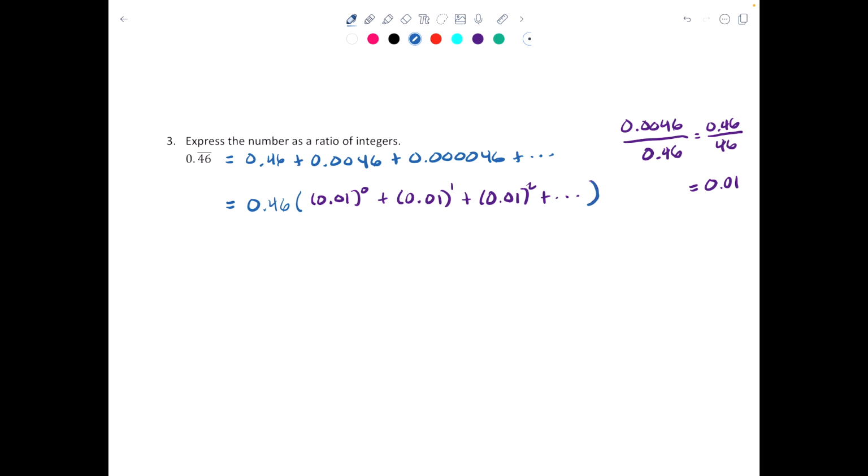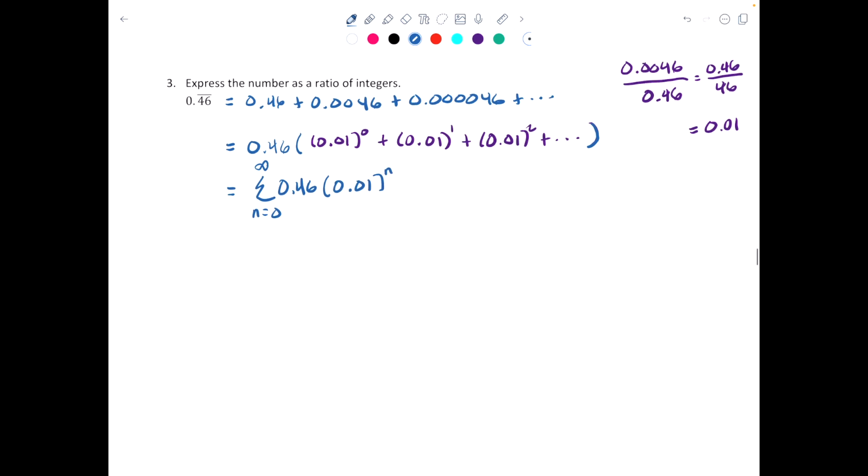And then continuing, we have our ratio, we have our A. So this would be the summation from n equals 0 to infinity of 0.46 times 0.01 raised to the n.